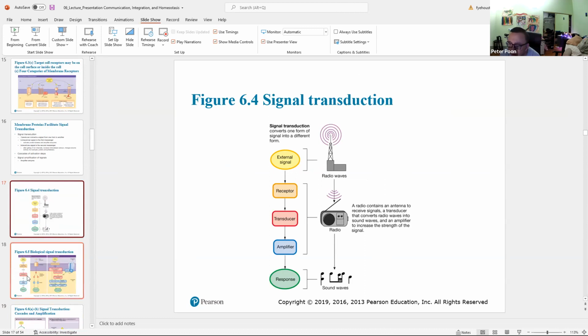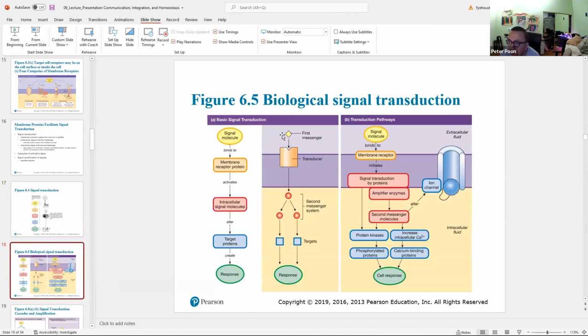So cell signal. This is the hormone usually. You have the transducer protein, and then it turns on a second messenger. The second messenger is amplified. Usually it amplifies the signal a lot, and then it goes down to the protein targets and generates a response.